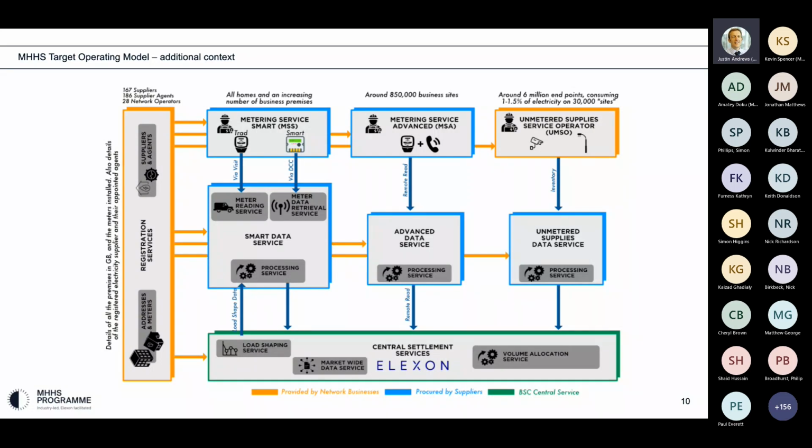We also try to remove some of the complexity that profiling and non-half hourly provides us at the moment, and the various standing data associated with those non-half hourly meters. So it's an opportunity to make things more efficient and effective, as well as more accurate and timely.